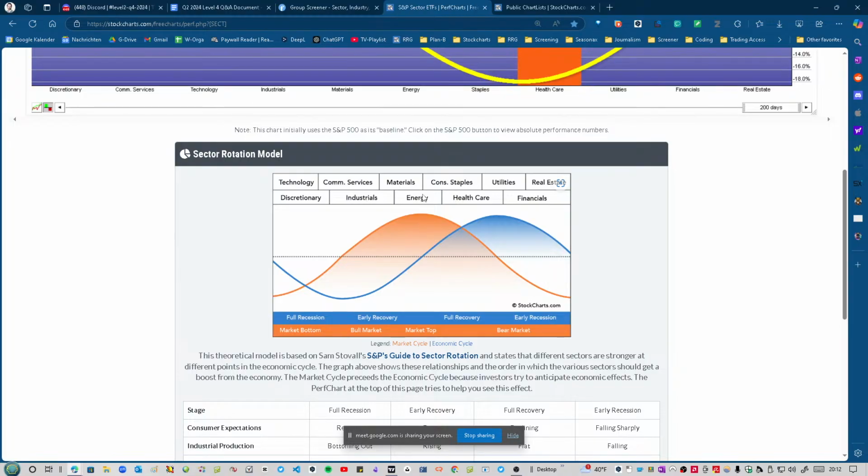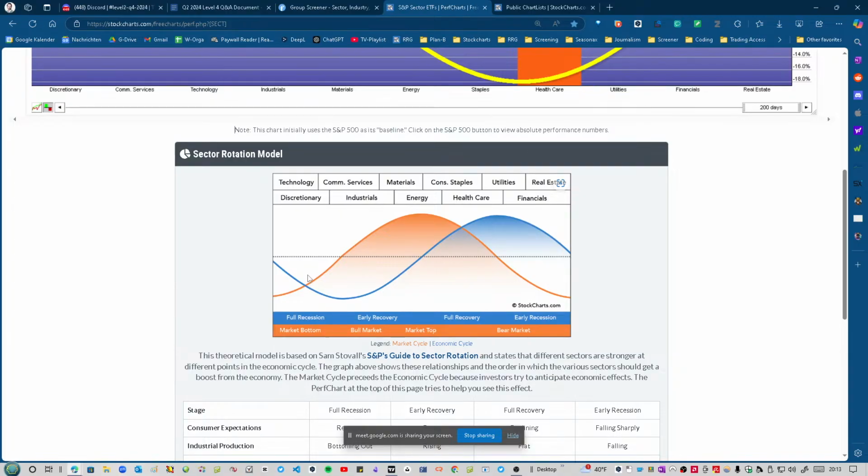So if you see energy, materials, staples, and everything outperforming, and then you see them rolling down, you will probably read in the newspapers and everywhere that the economy is pretty well, but you already see in the stocks that they are coming down. After the stocks come down, you will see the economy slowing down. That is the message of this chart, and that is how you can analyze the price development from the macro perspective.